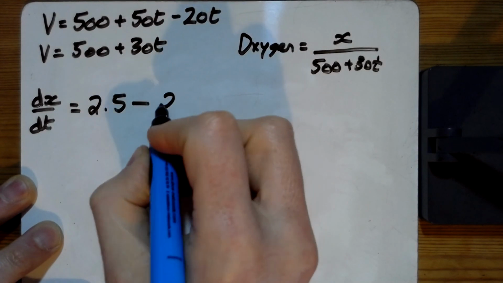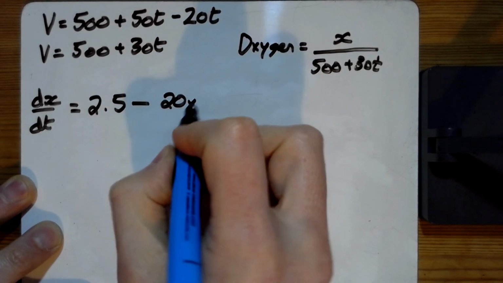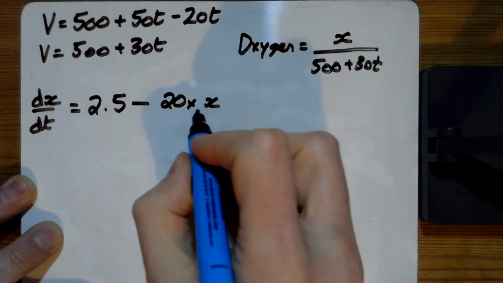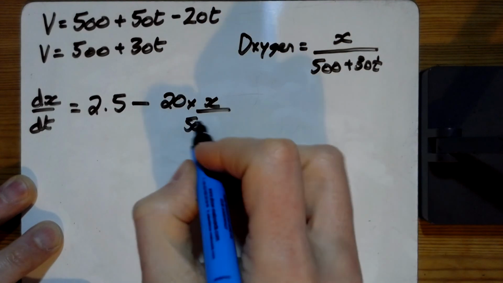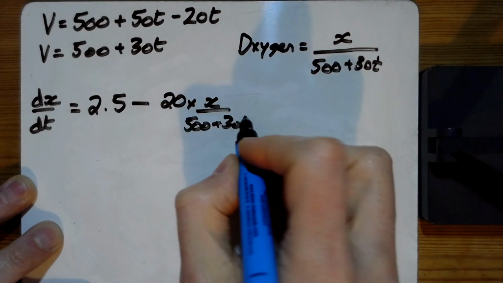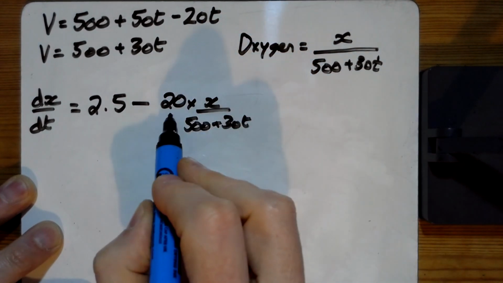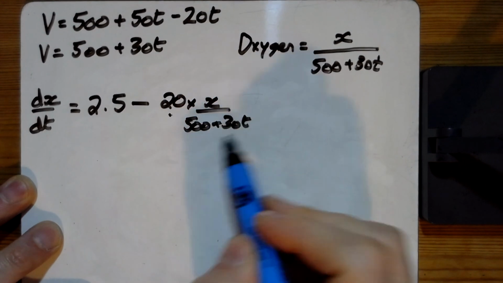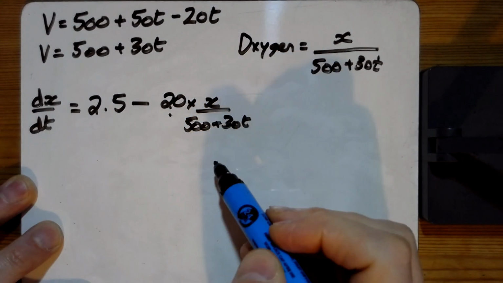And the leaking out is 20 times how much actual oxygen there is as a proportion. So look, this is 20 coming out, and this is the proportion which is oxygen.